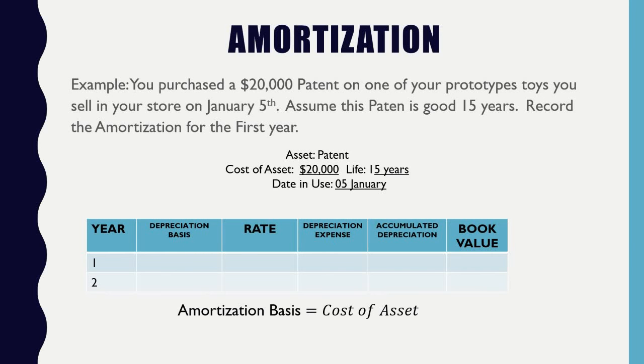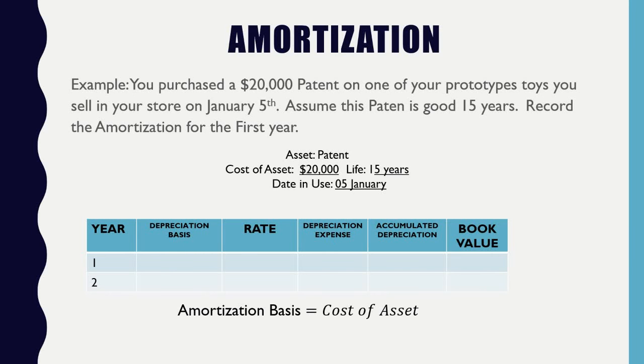So at least for here, you're going to be using the same concept. If it falls between the 1st and the 15th, then you're going to amortize it for that month. If it falls after the 16th through the 31st, then you will amortize it the following month. So the same idea applies here as well.